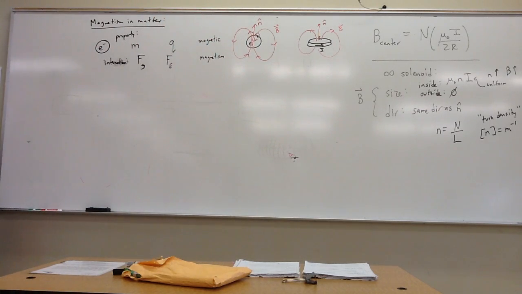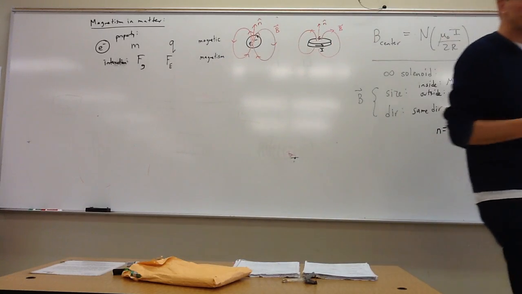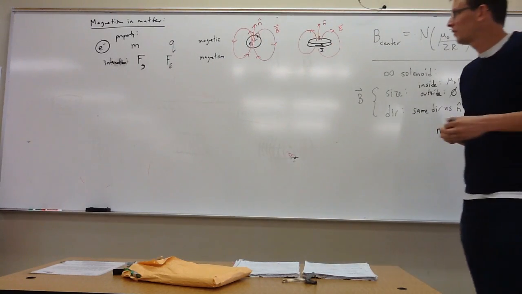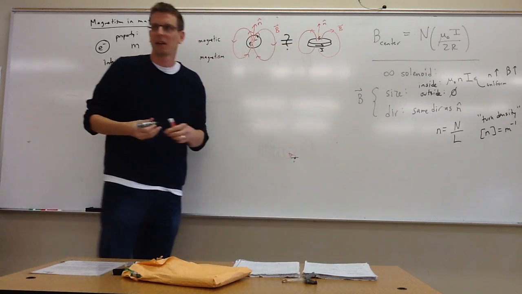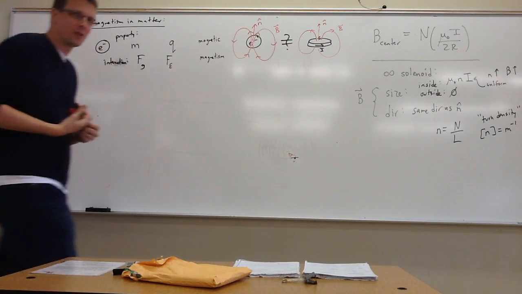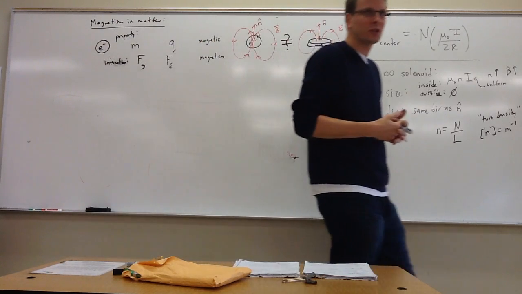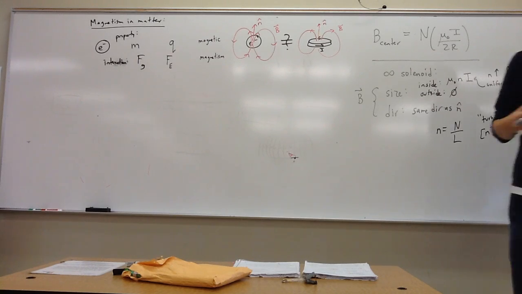So the logical question is, is there a little current swirling around inside an electron? Well, here's the answer. Nobody knows, okay? No one has any idea if there's any kind of internal substructure of an electron. As far as we know, there's nothing, we don't know what is going on inside an electron at all.